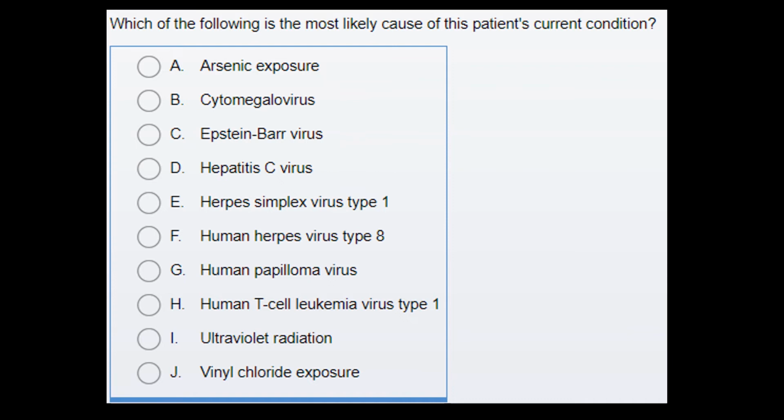So, the clinical history of pneumocystis pneumonia and painful oral ulcers, especially in an illicit drug user, is highly suggestive of HIV infection.